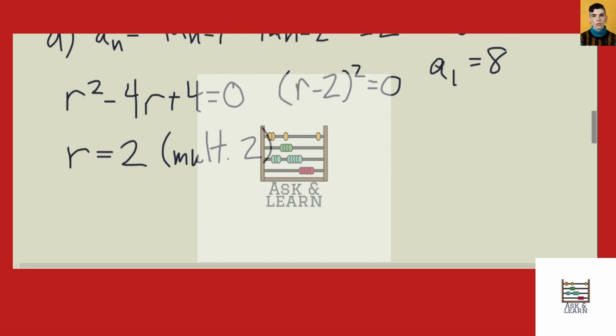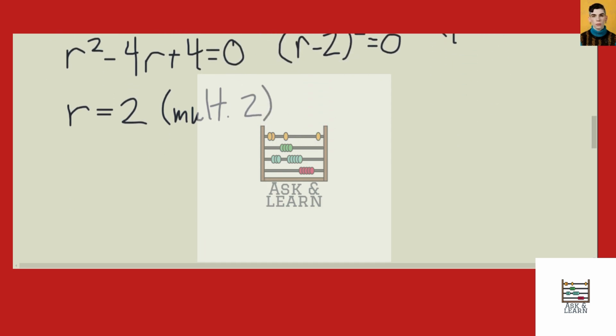And so it follows that the general solution is a_n = alpha_1 times 2^n plus alpha_2 times n 2^n.